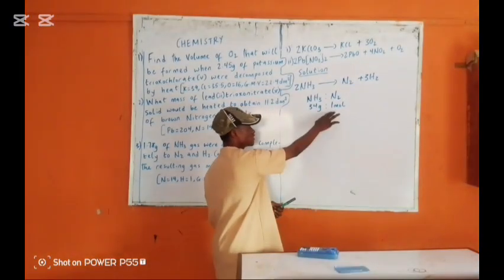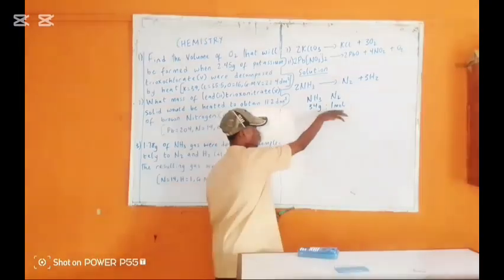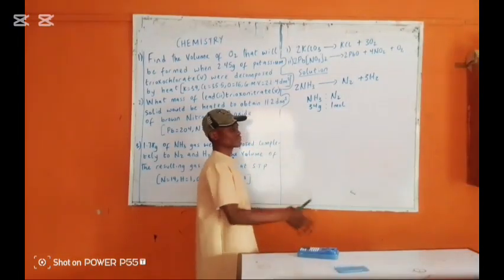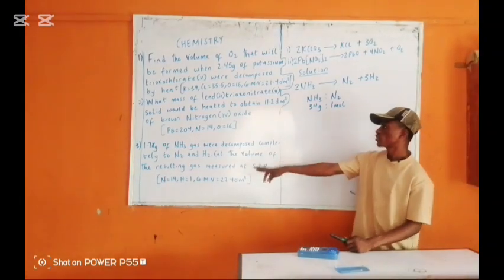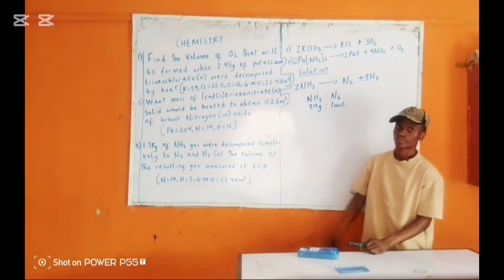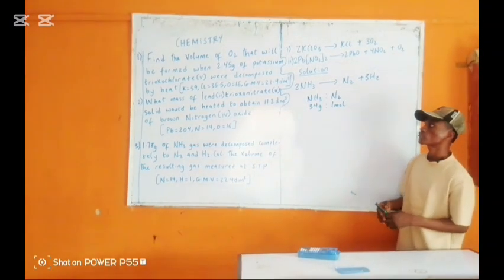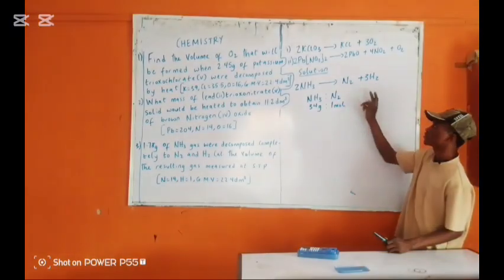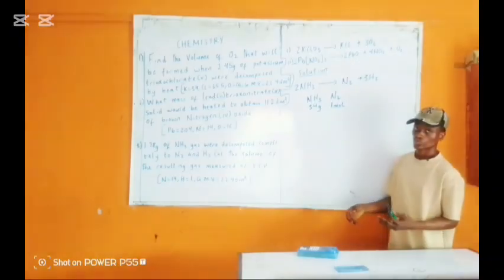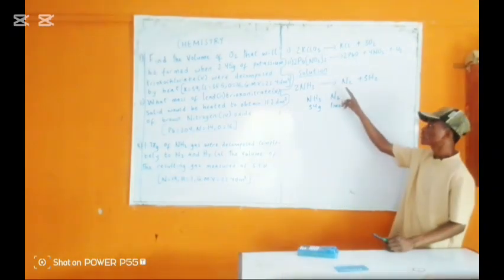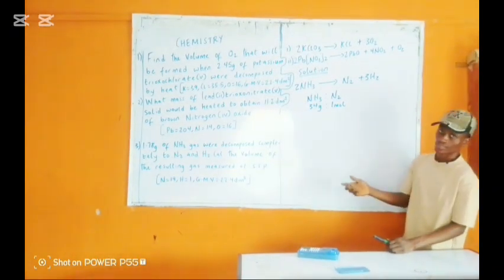Now, what's the question? Calculate the volume of the resulting gas. Remember, we are calculating for the two gases, since the question doesn't specify the gas. We know that both nitrogen and hydrogen are gases.